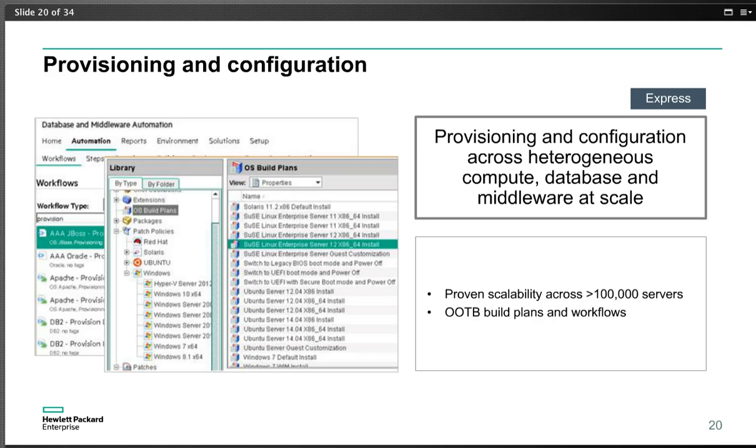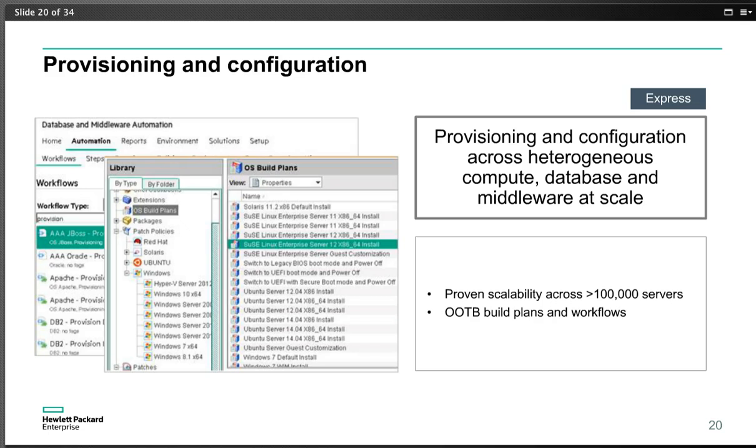We offer scale as a common capability across all of our DCA tiers. So this was a quick introduction to the capabilities that we encapsulate within the DCA Express tier.